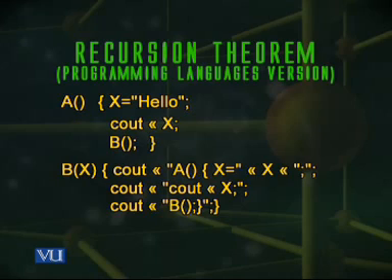All it does is assign X to the string hello and then print out X, and then after that call B. The function B tries to print A. So the function A just assigns X to a string hello, prints that string, and then calls the function B. The function B is going to try to print the function A, but in a very tricky way. Let's have a look.